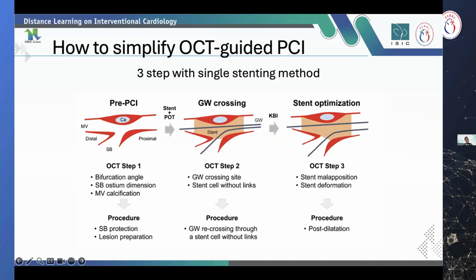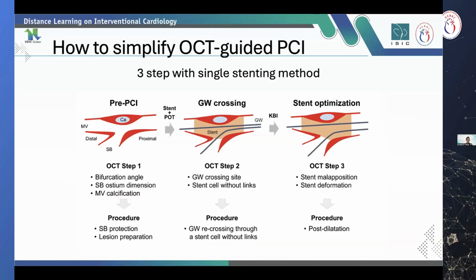Firstly, I prefer to put in OCT and analyze in detail using the first OCT pullback. I would like to see the bifurcation angle and also the side branch ostium dimension. And also we can decide the overall strategy.